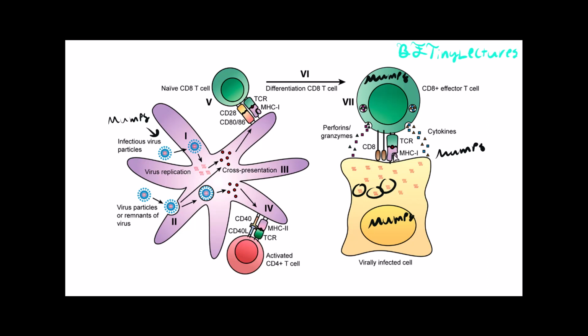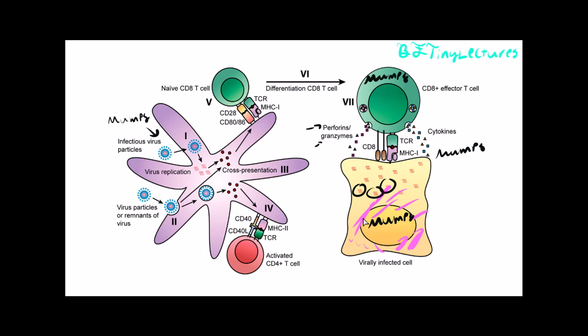I'm going to lock into it, and when I touch this receptor, I'm going to start releasing my enzymes, specifically perforins, which are going to make little pores inside the cells. And then when I have holes inside the cell, I'm going to release granzymes. These granzymes are going to go into the cell and they're going to start degrading the cell. So now we have these large tears, and this friendly cell is destroyed.